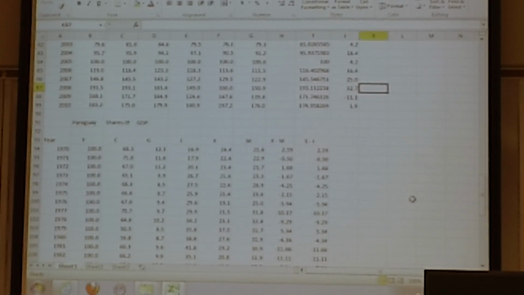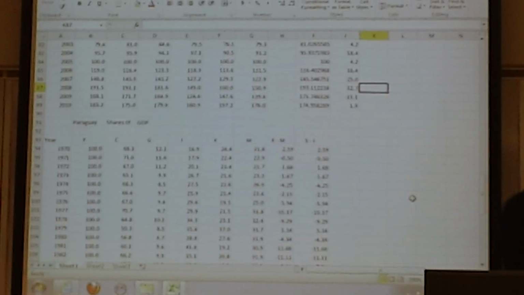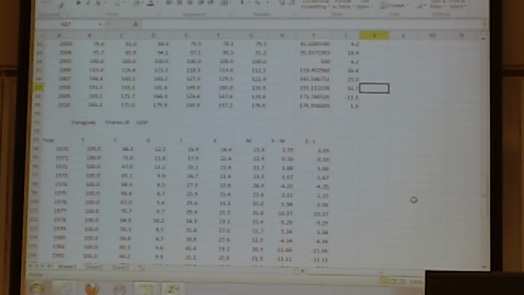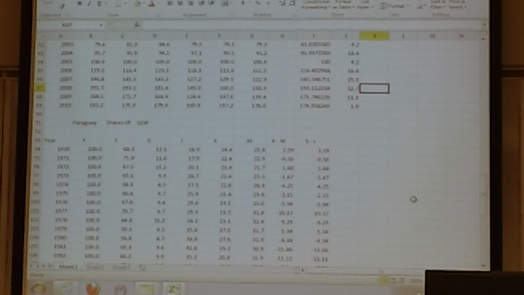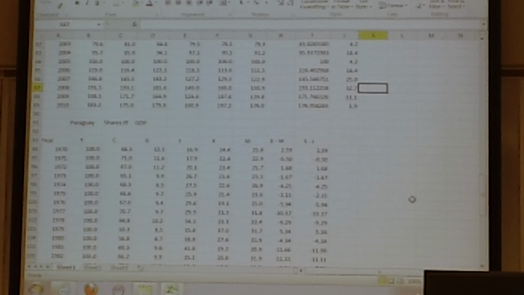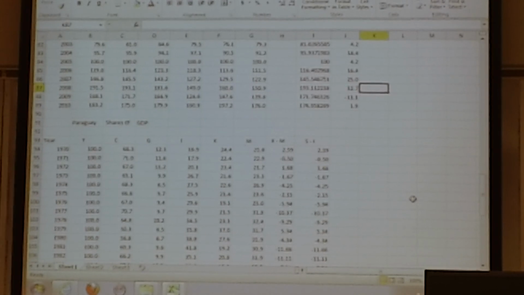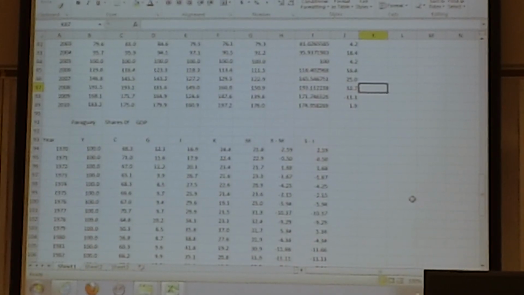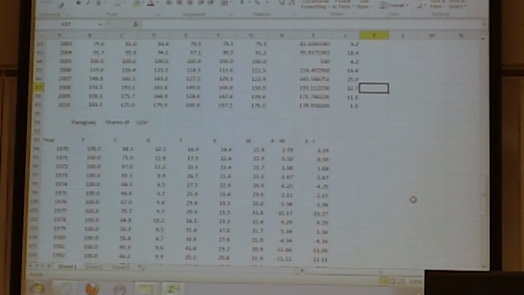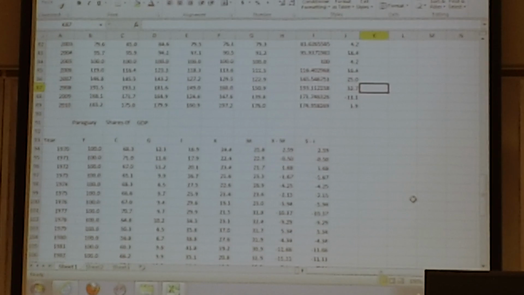We start off with the national account identity. We get savings. National savings are equal to y minus c minus g. All right?